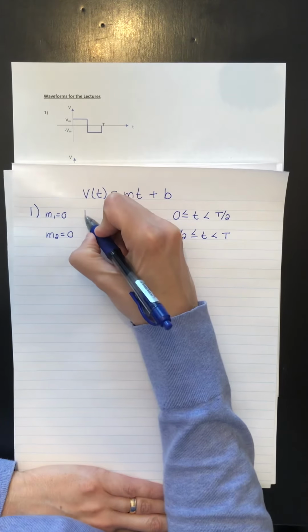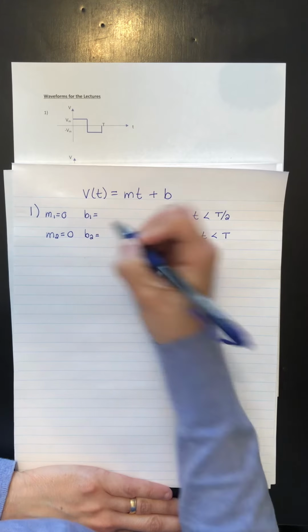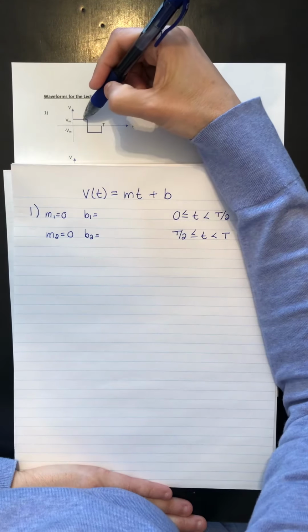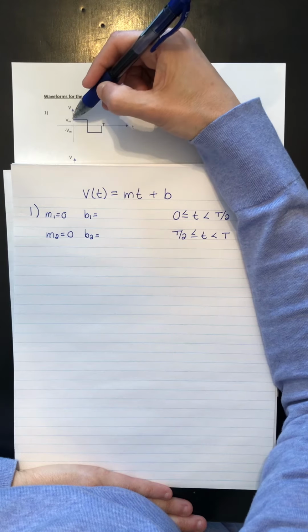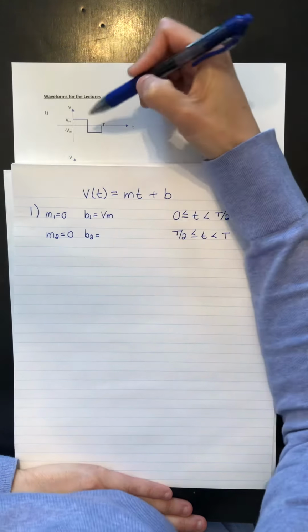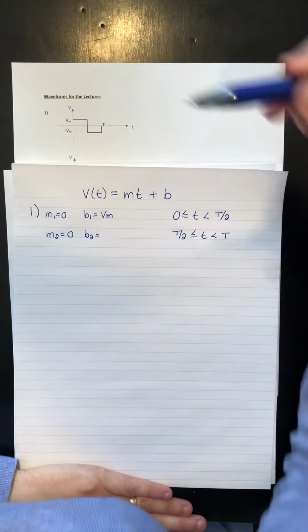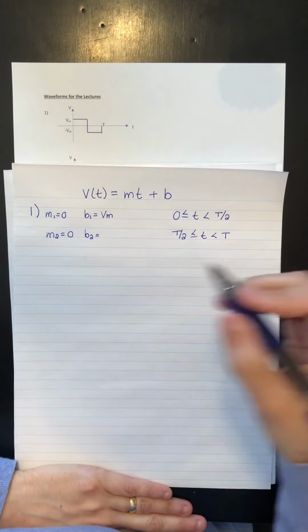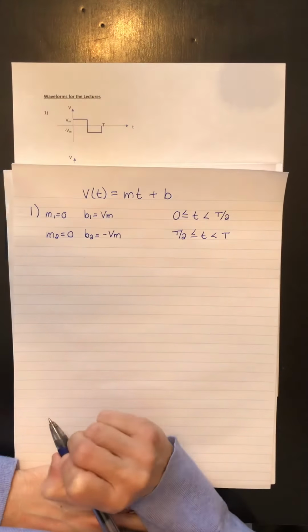What are the values of B? This first line intersects the vertical axis at a height of Vmax. The second line, if extended, would intersect the vertical axis at a height of negative Vmax.